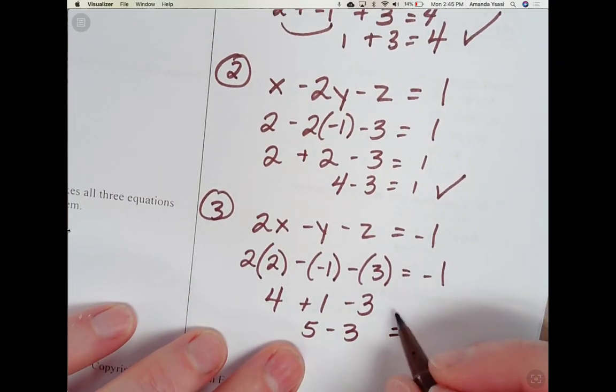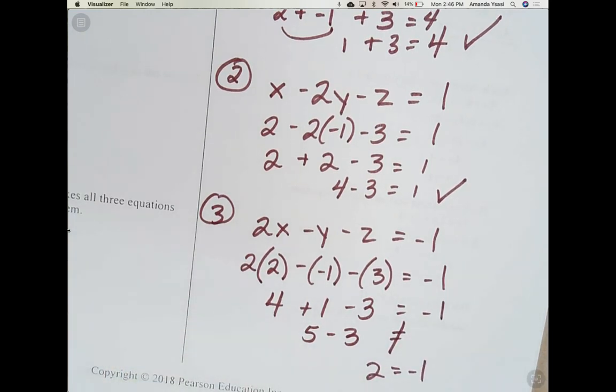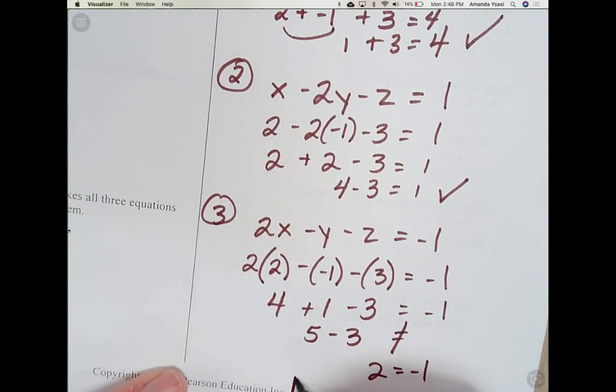Okay, so it's on the very last one that it doesn't work because it's 2 equals -1. So it's not a solution.